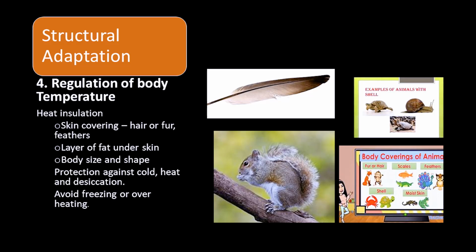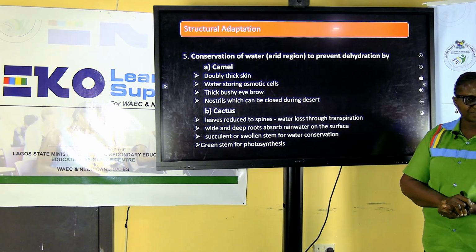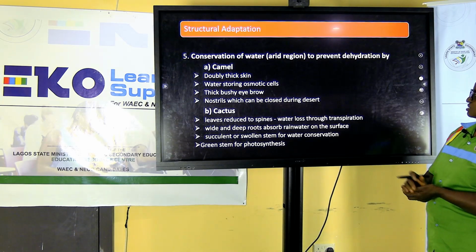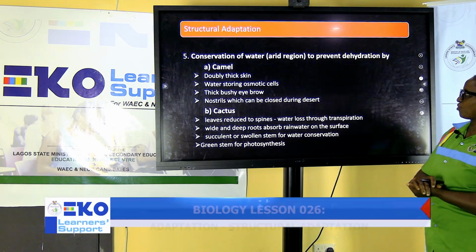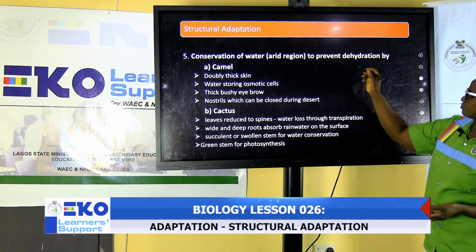Conservation of water. This is another aspect of structural adaptation. Conservation of water, particularly for those organisms that live in the arid region where we have very low water supply due to scarcity or low rainfall annually. So these organisms need to do certain things for what?